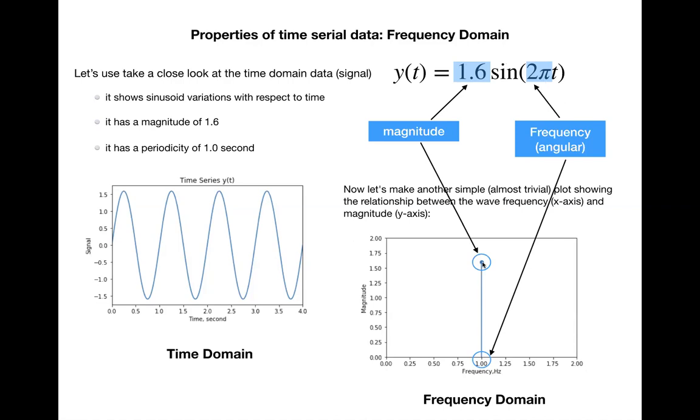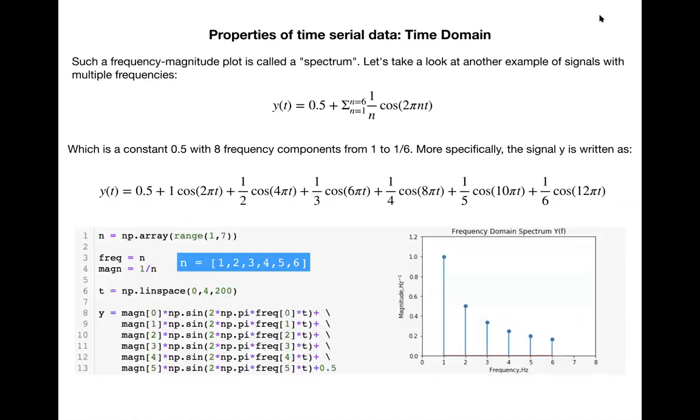It tells you I have a wave that varies at 1 hertz periodicity and has a magnitude of 1.6. So this is called the time domain, and this is called the frequency domain. Such magnitude versus frequency plots are called spectrums.